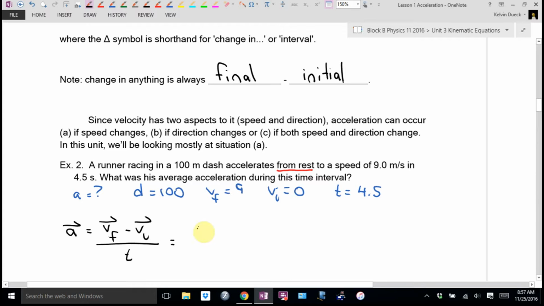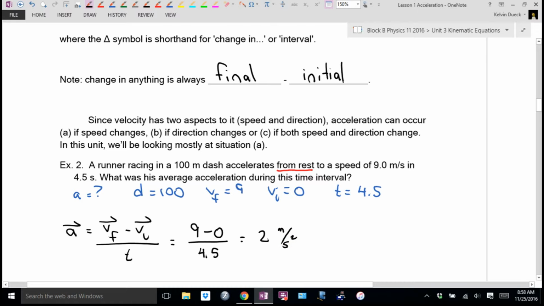It's going to be 9 minus 0 over 4.5. You can probably do that in your head. 2, isn't it? Yeah. Probably should go to 2 sig figs, but I'm not going to be fussy. So 2, units meters per second squared.